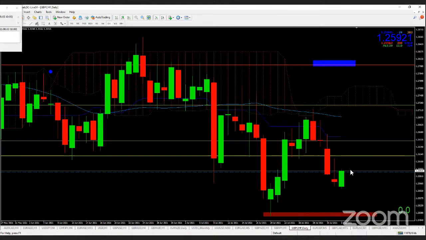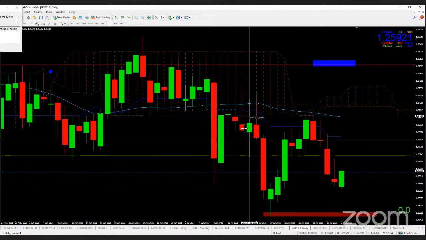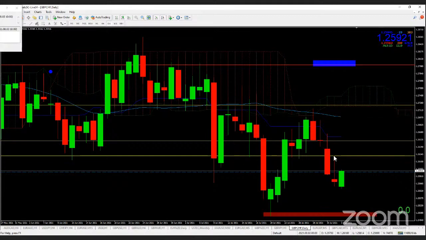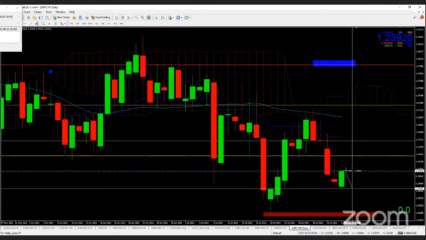And so on average, looking at this now, we see that pound CHF delivers about 65, 70 pips on average per day. Today, it has already moved about 38 pips. So if it delivers about 70 pips on average, which basically means it could give us a few more pips today. That's if it decides to move up.